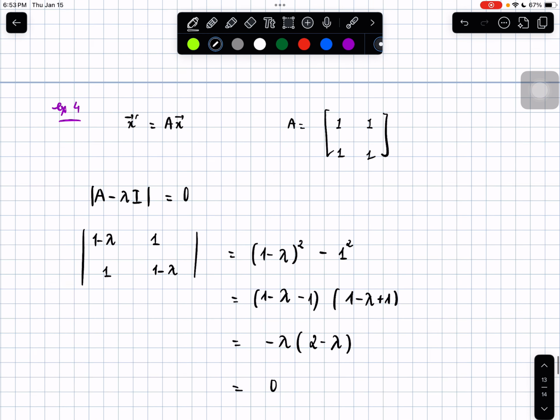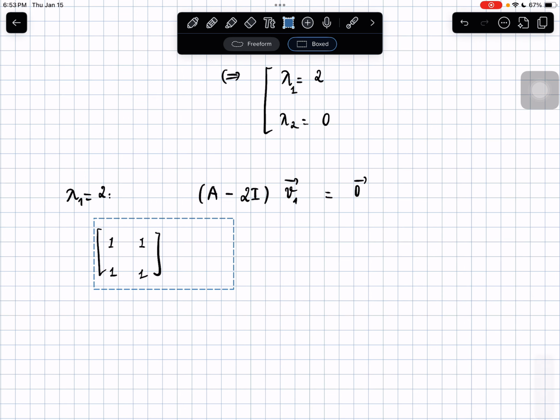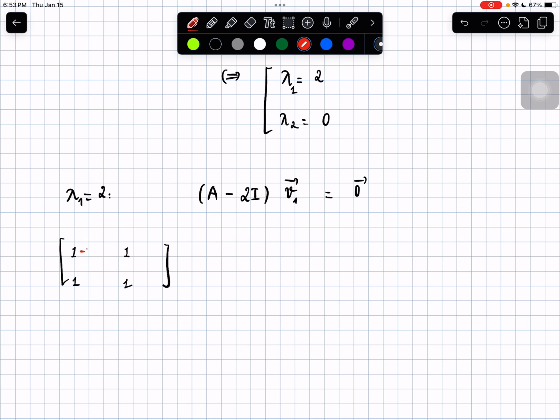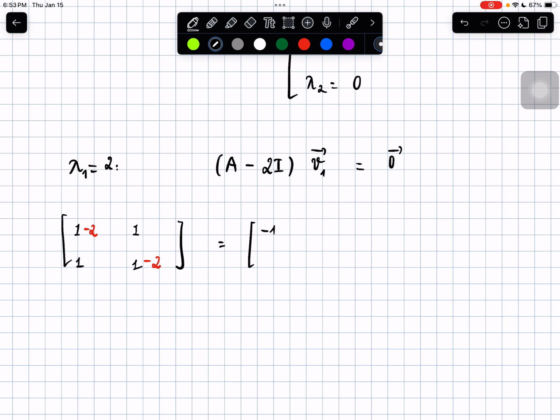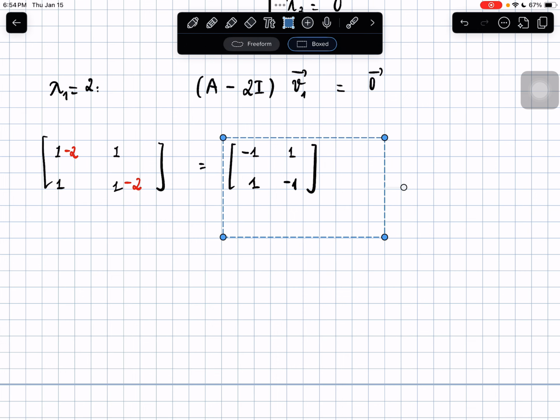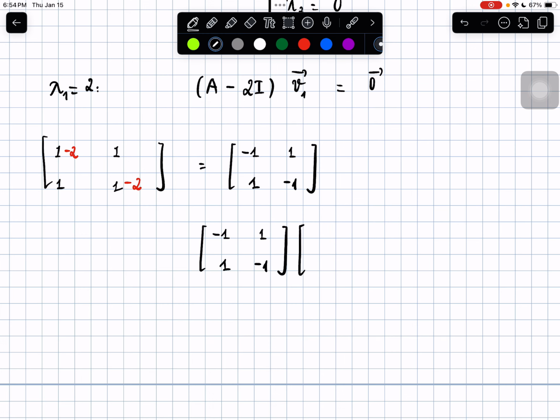A minus 2I is [minus 1, 1; 1, minus 1]. So we need to find a and b, so that V we can write as (a, b), two components, equals 0, 0.